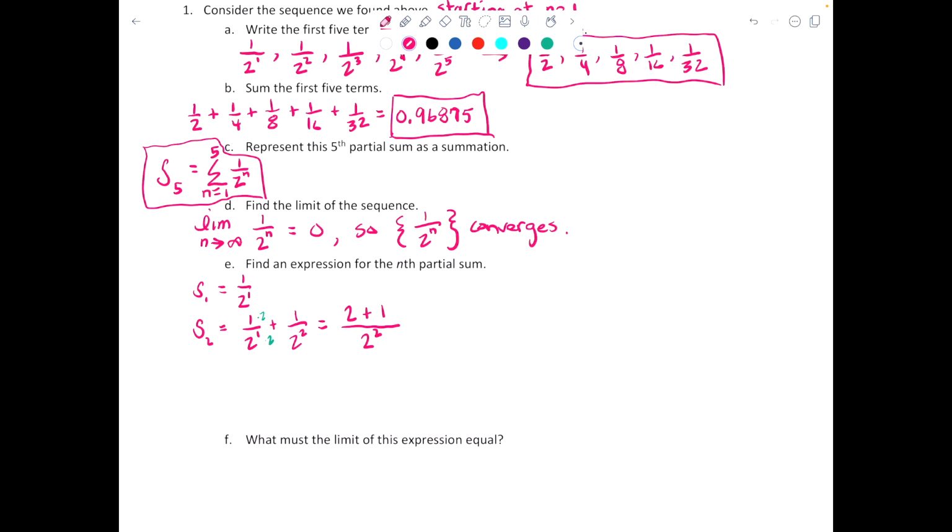Well, would that work for the first one, right? I mean, that's basically saying our proposed Sn would be n plus 1 over 2 to the n. Does that work for the first one? Well, let's try it.